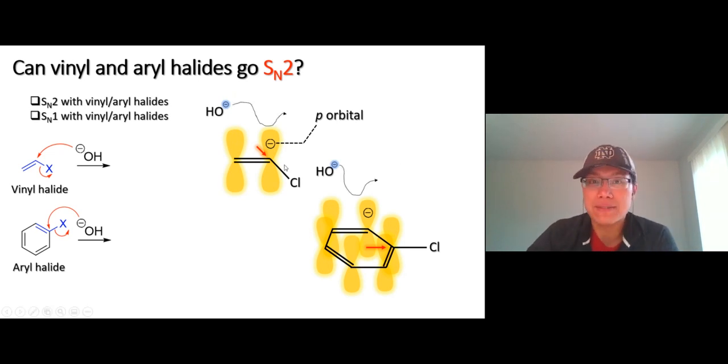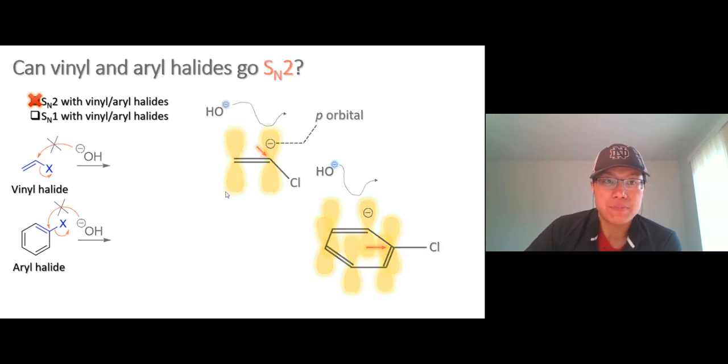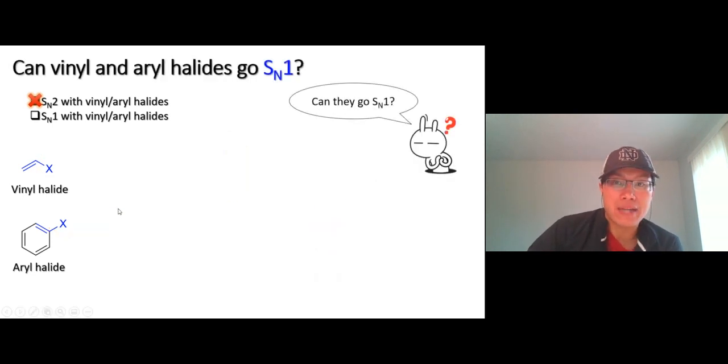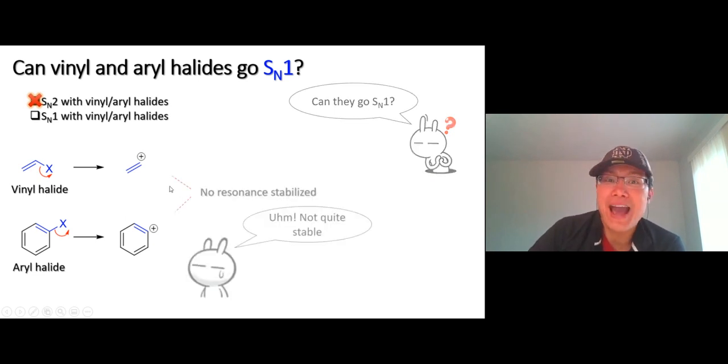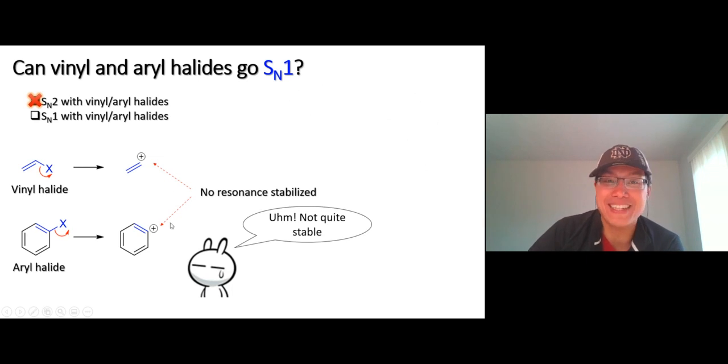It can't get into the backside attack position. So no SN2. Can it do an SN1 reaction? You should see a stable carbocation. Let's see if the carbocation is stable enough. Nothing stabilizes the carbocation, it's even worse. So nope, it can't do SN1 either.